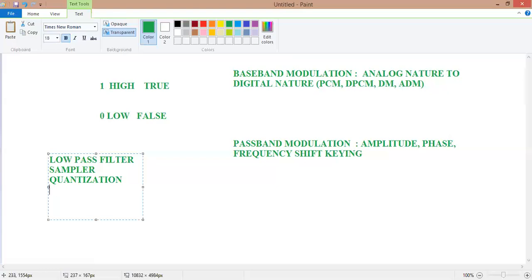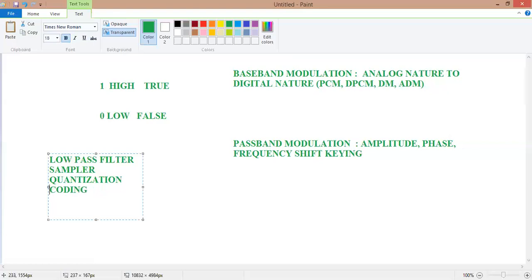If I want to write 15, 15 means what? Or 16, 16 means what? 10000. So that kind of coding, if I want to write it, is known as your encoding, or simply your coding technique.